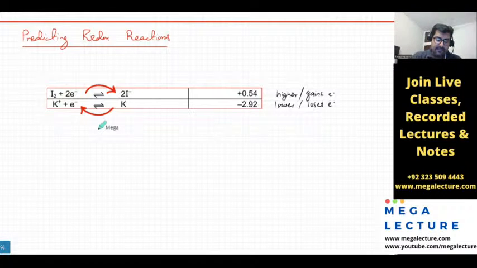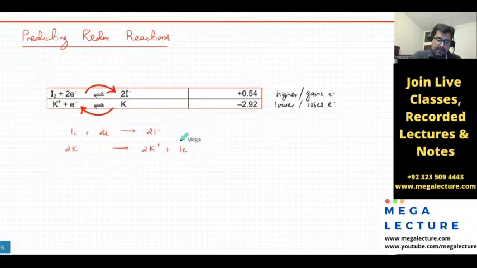And you just have to make the overall equation now. So iodine is the one that's gaining 2 electrons to form I minus 1. And potassium is the one that's losing electrons, potassium plus 1. Now the electrons gained and lost have to be equal, so I'm going to multiply this by 2.